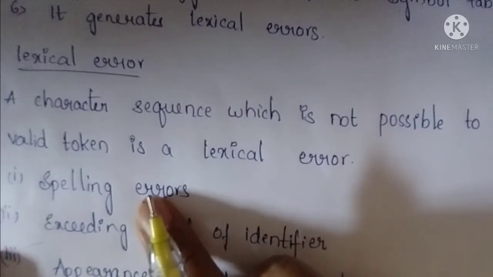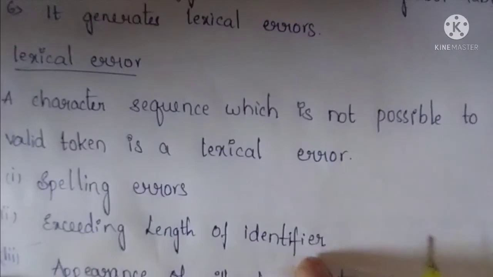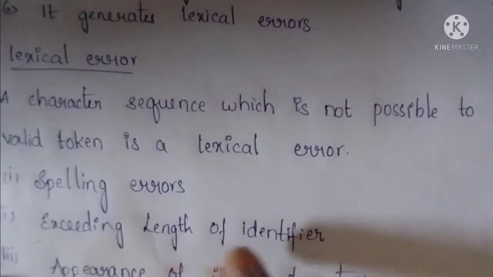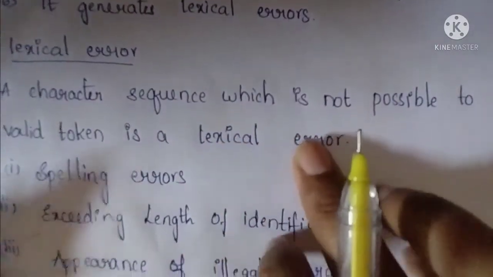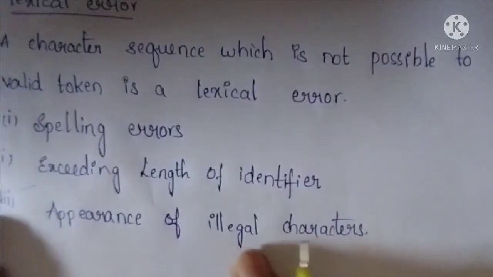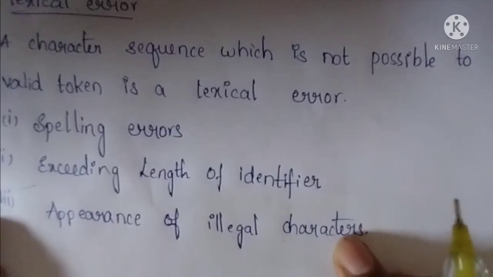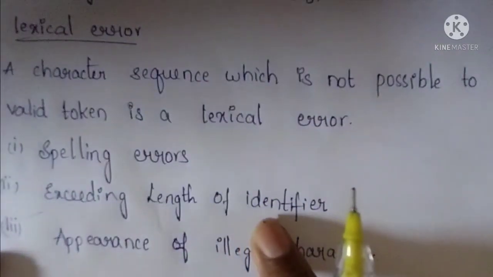Also, exceeding the length of identifiers, which is predefined, shows a lexical error. The last one is illegal characters. If we declare any illegal characters in our source, it will show lexical errors. Those lexical errors are handled by the lexical analyzer.